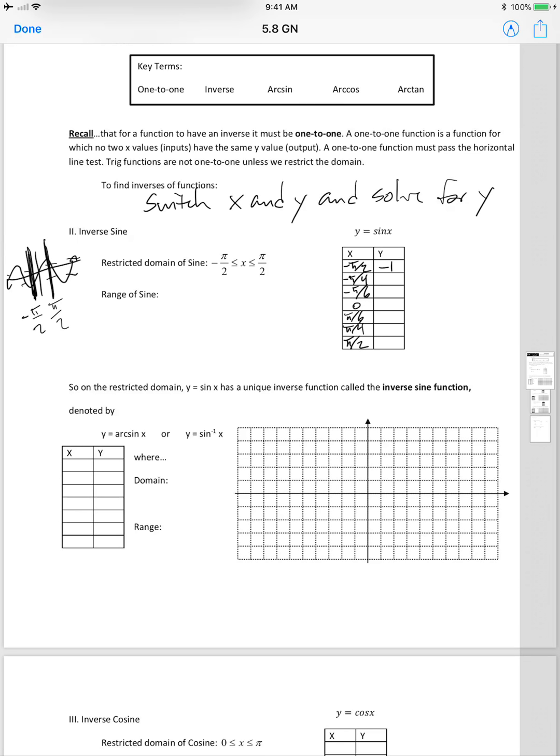Remember, sine is the y value. I'm going to go ahead and fill the rest of these in for you, though you should definitely be able to find these values yourself. So on this restricted domain, the range of the sine function goes from negative 1 to positive 1.